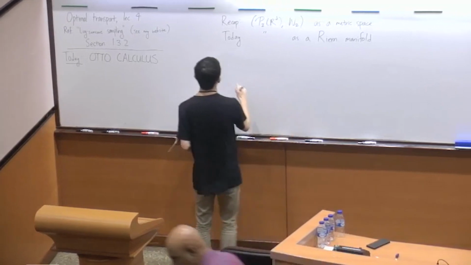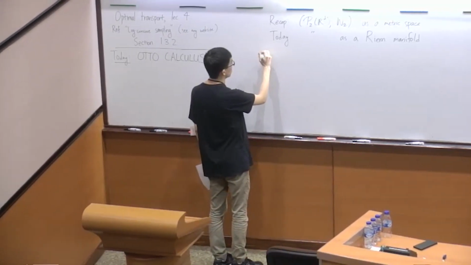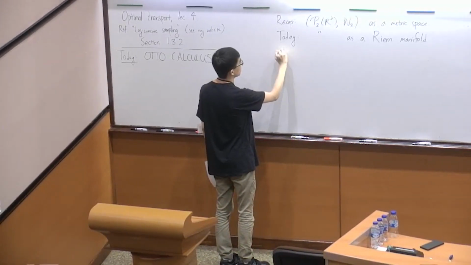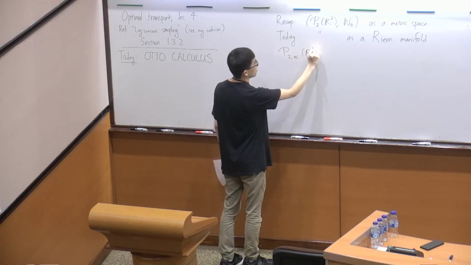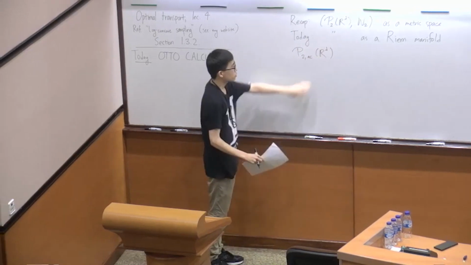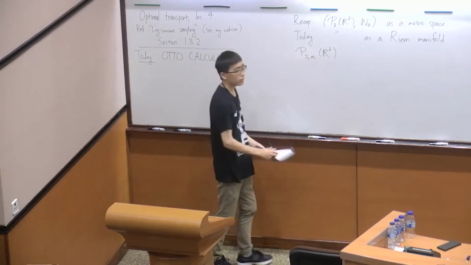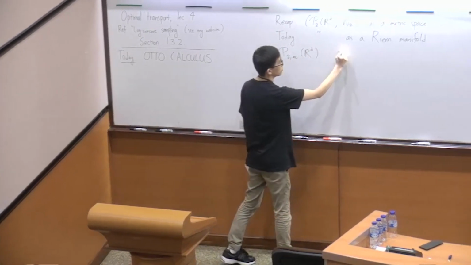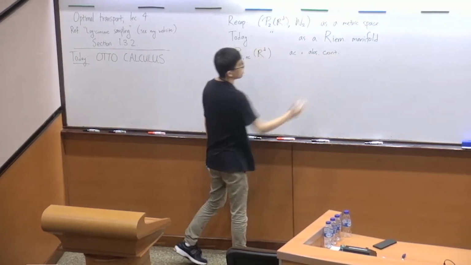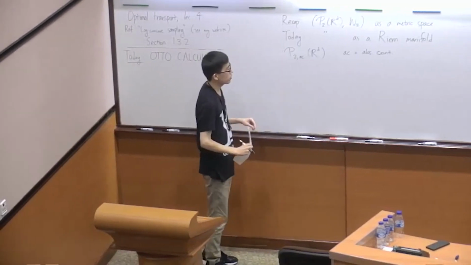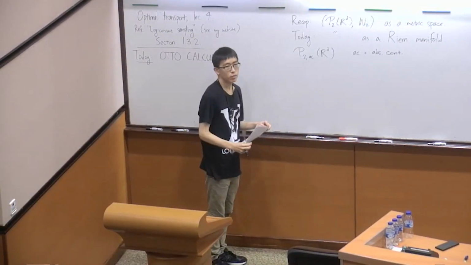I'll be focusing more specifically on this space. I added this extra subscript of AC. The AC stands for absolutely continuous, which just means I'm restricting to probability measures which have a density with respect to the Lebesgue measure.